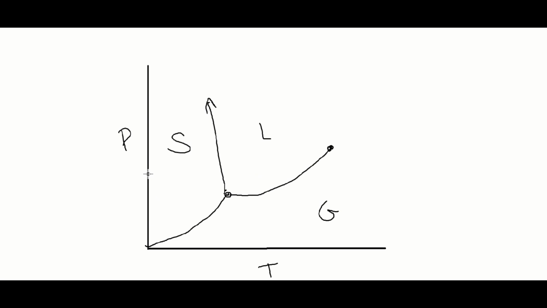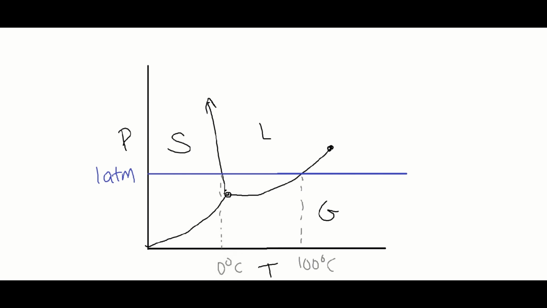In our room, we're at about 1 standard atmosphere. So this here is called the normal boiling point. That's 100 degrees Celsius. And over here is the normal melting point, or freezing point, 0 degrees Celsius. The water in our syringe was somewhere around there.